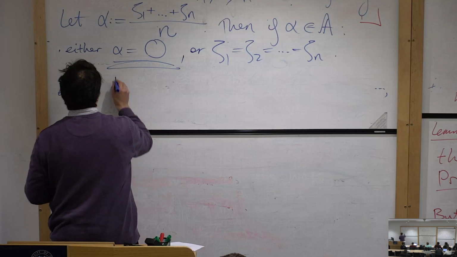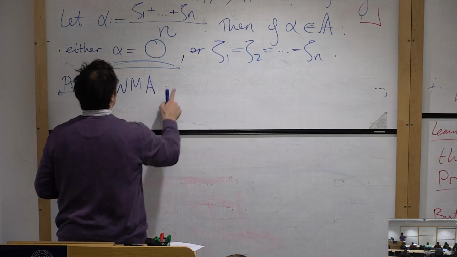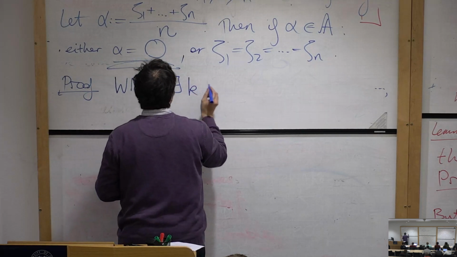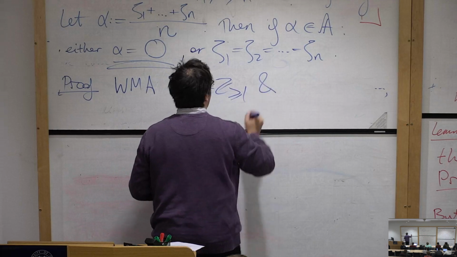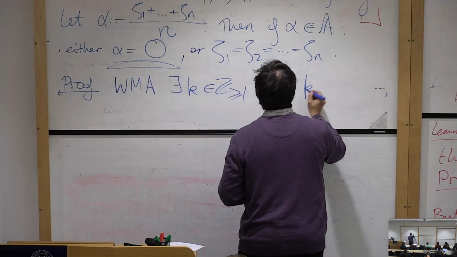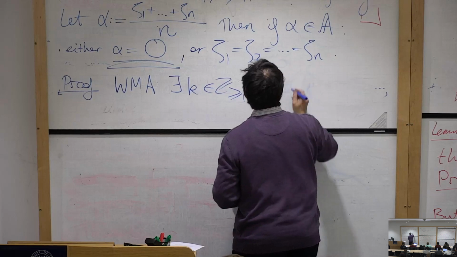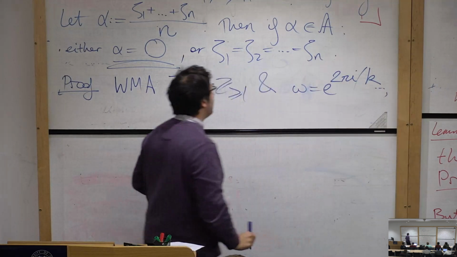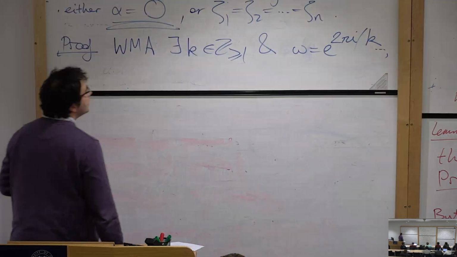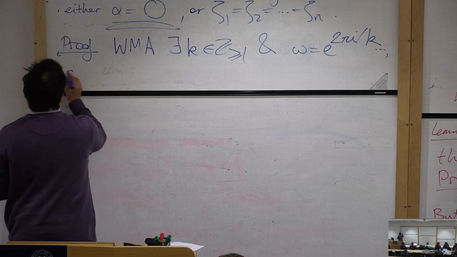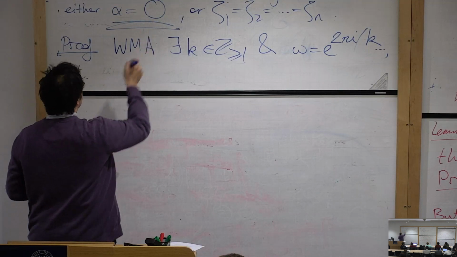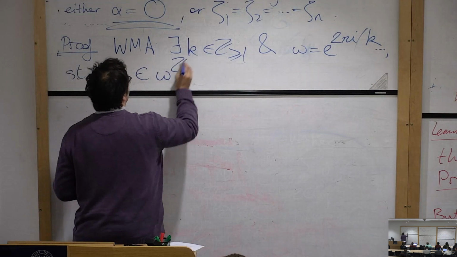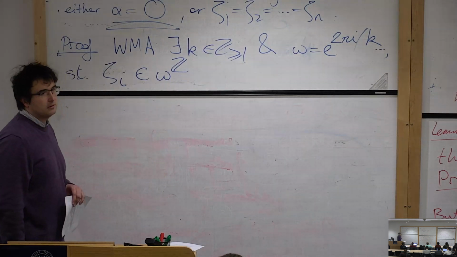You may assume that there exists an integer k and a primitive k-th root of unity called omega, such that the zetas are integer multiples of omega. Okay.